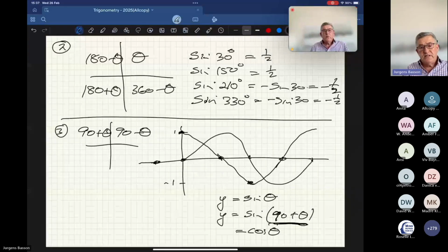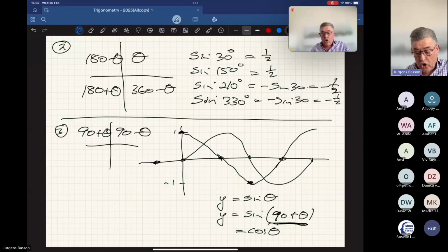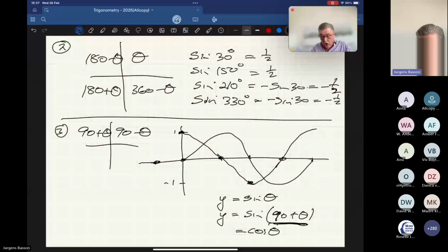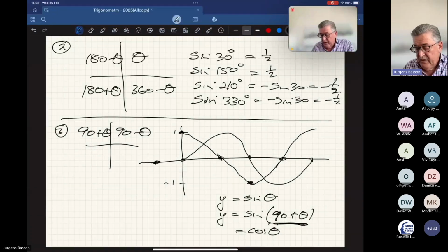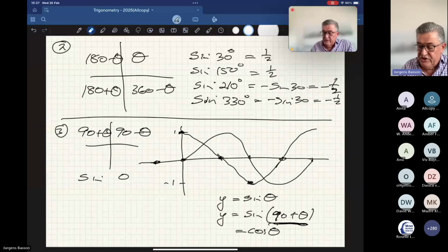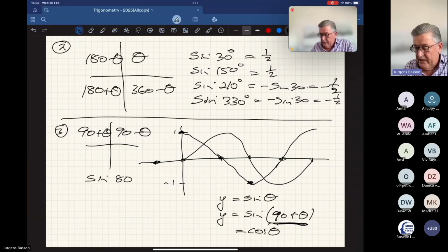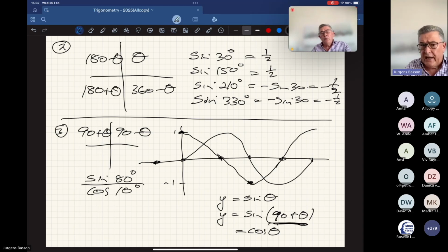We use this reduction formula a lot. For example, you remember the questions. I always like this easy question, sine of 80 over the cos of 10. Simplify without the calculator. And you agree that is co-functions. How must your learners recognize it?